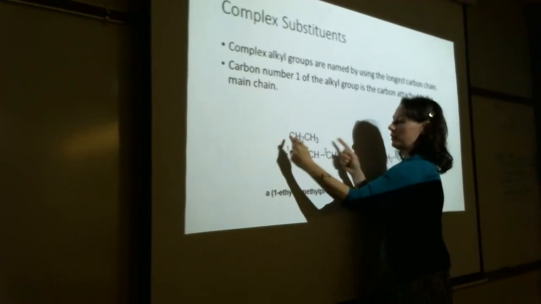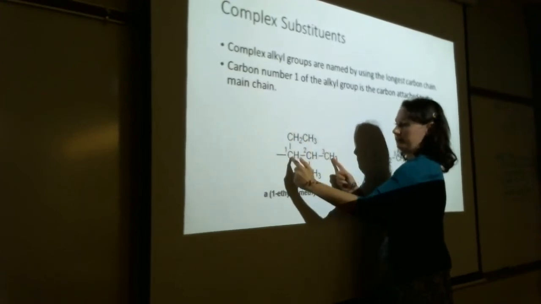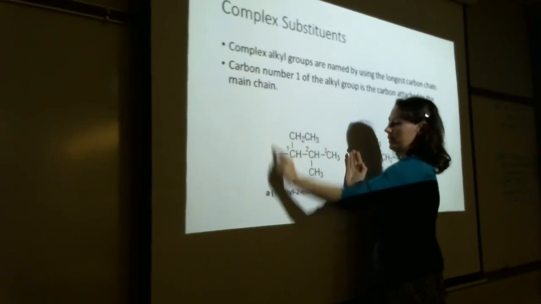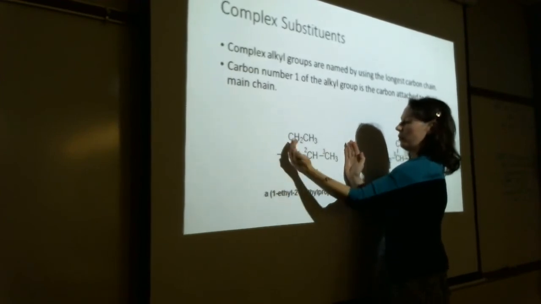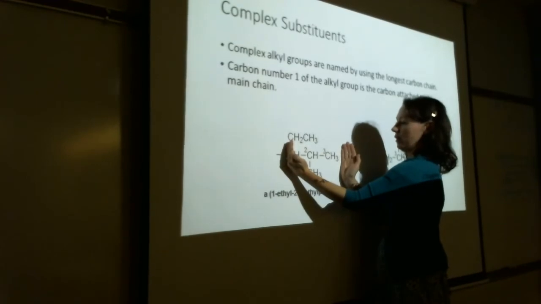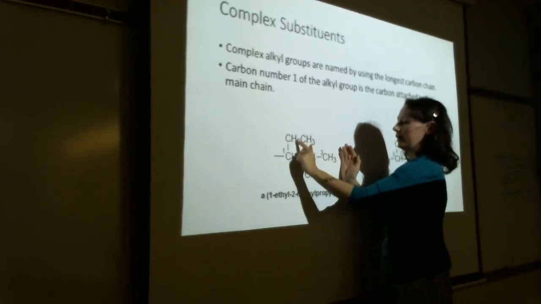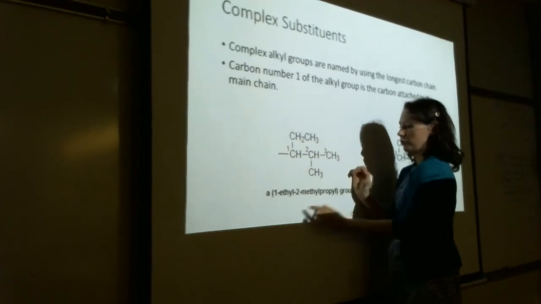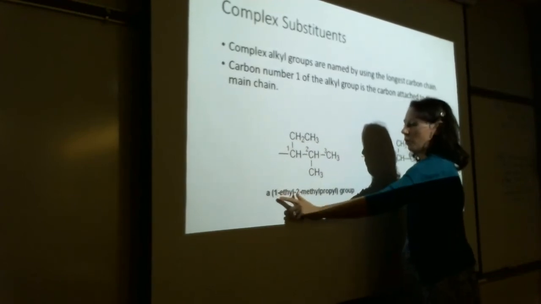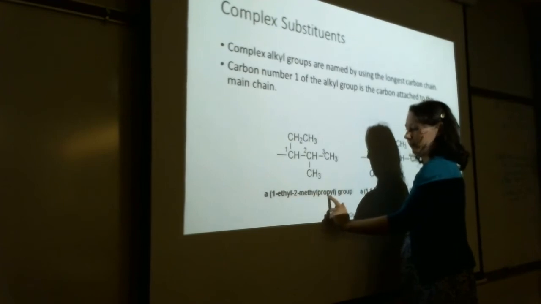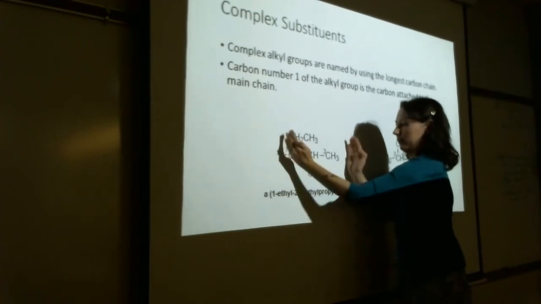So this is a substituent on a substituent because this is the point of attachment, right? So this substituent is a propyl group, 1, 2, 3, with an ethyl group on it and a methyl group on it. So the way we write this is we call this 1-ethyl-2-methylpropyl. We put parentheses around it, okay?